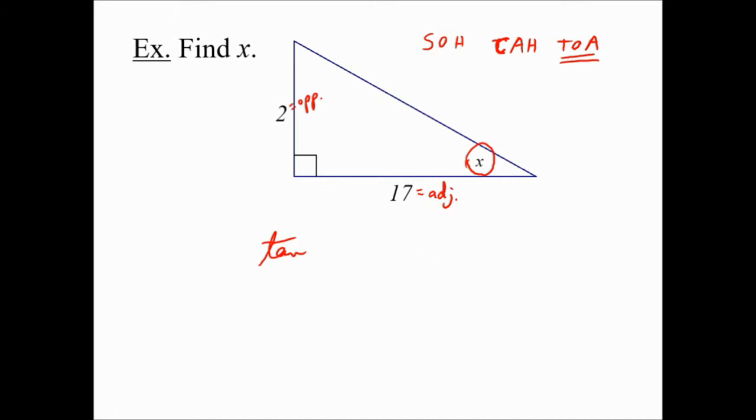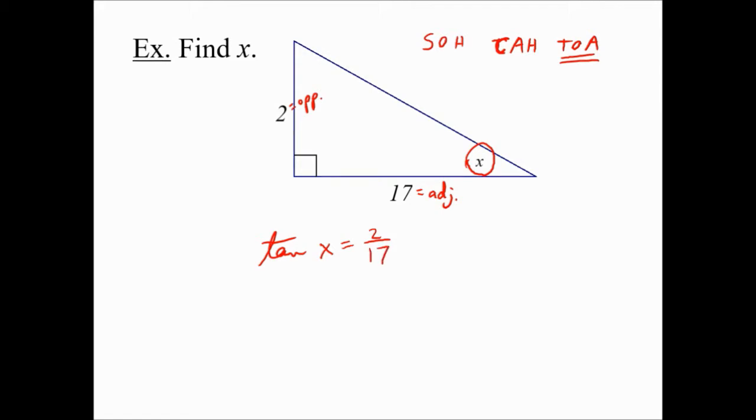Now remember, what do we always put next to the tangent or the sine or the cosine? The answer is we always put the angle next to the sine, cosine, or tangent. So in this case, the angle is x. So I'm going to write tan x equals. So the tangent of this angle is equal to opposite over adjacent, so that's 2 over 17.